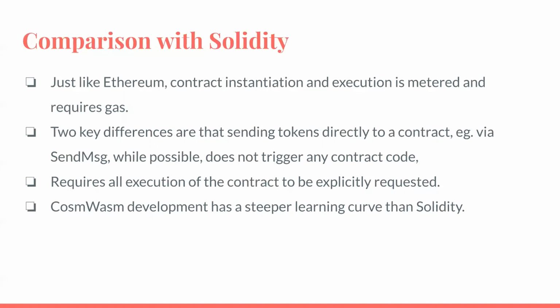So let's try to understand its comparison with Solidity. As discussed a few minutes ago, the instantiation and execution of contracts in Solidity as well as Rust work in the same fashion, with metered gas required on both sides. A few of the differences I would like you to know: on the Solidity and Ethereum side, when you are sending tokens, you are sending those tokens through a smart contract, be it the ERC20 token that manages the flow, minting and transfer of that token.